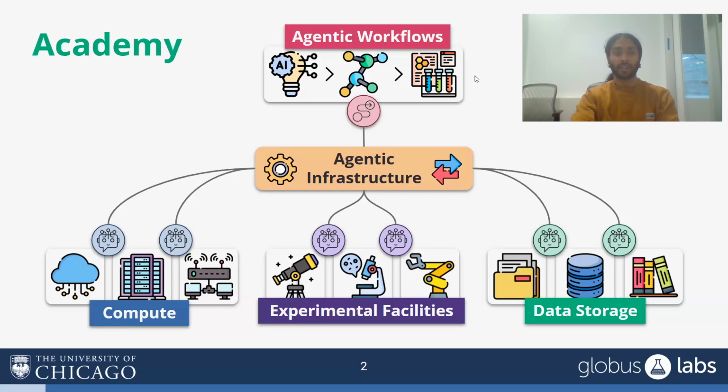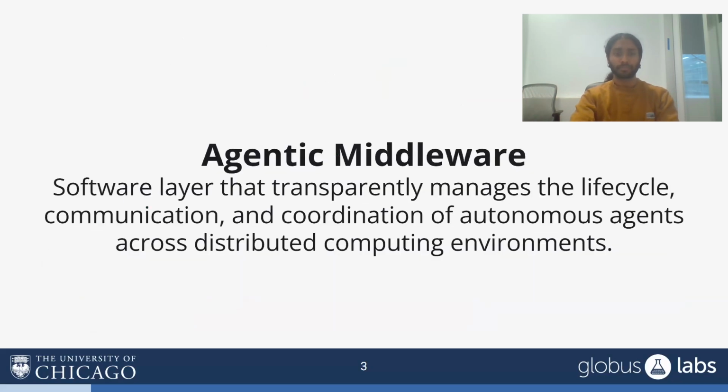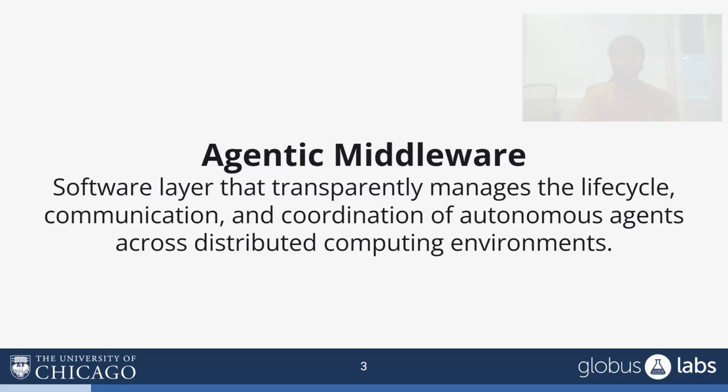And really that's where I envision Academy fitting in. When we talk about agentic middleware, we mean a software layer that manages the lifecycle, communication, and coordination of autonomous agents across distributed computing infrastructure. That's what we're targeting. That's what we're trying to build.